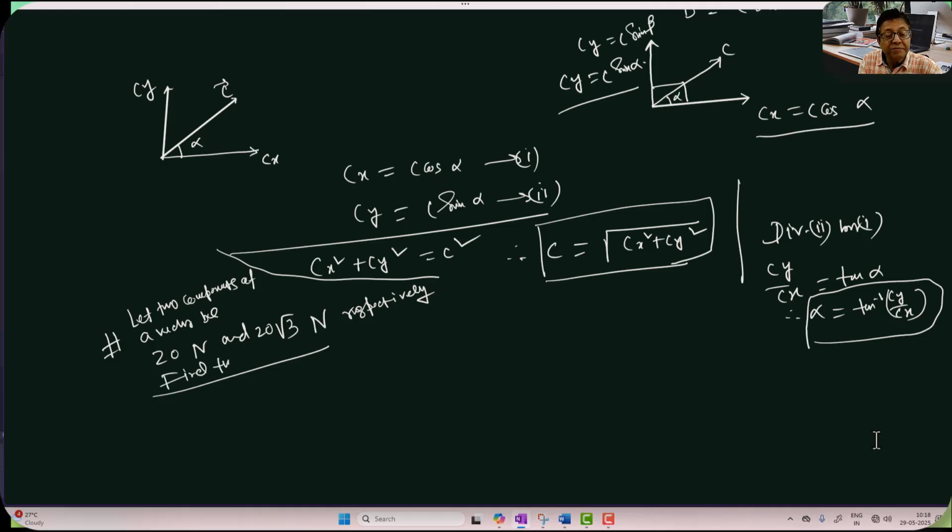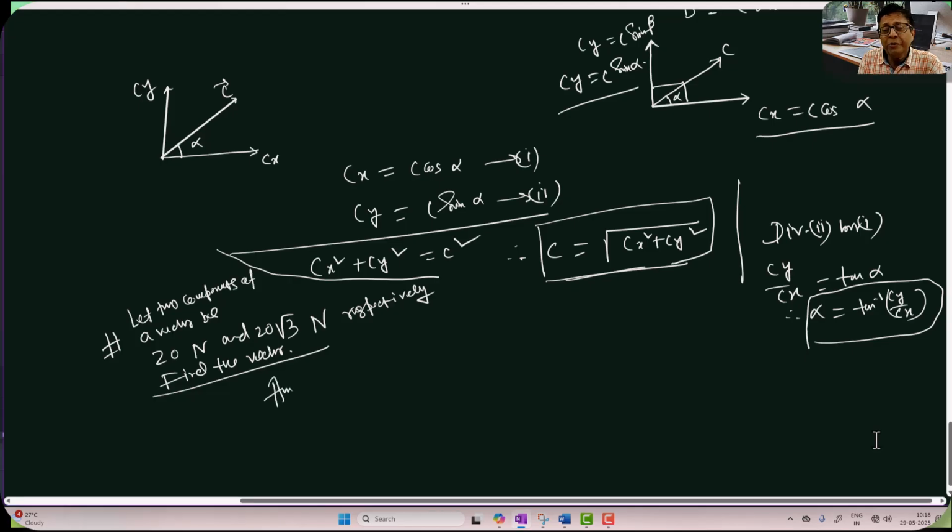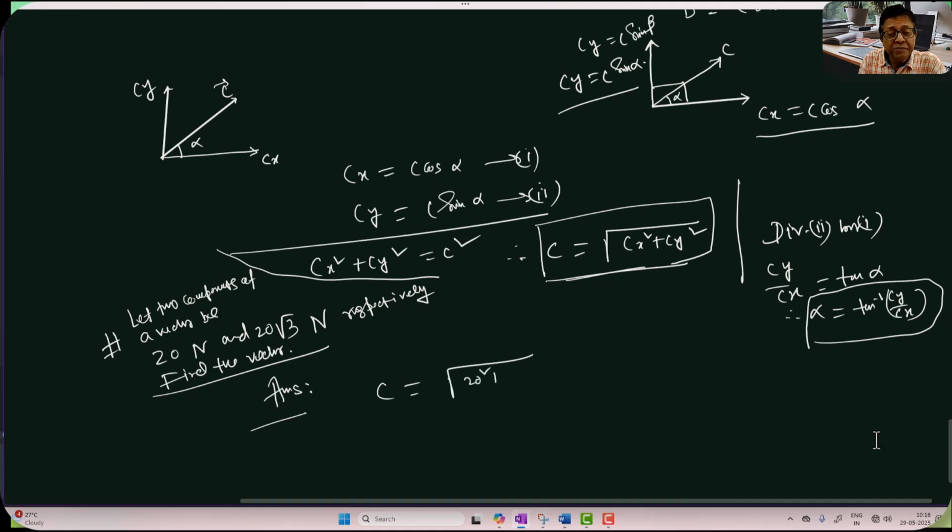Find the vector. So simple. Finding vector means you have to write its magnitude, you have to write the angle made by it with one of the vectors. Then it's done.